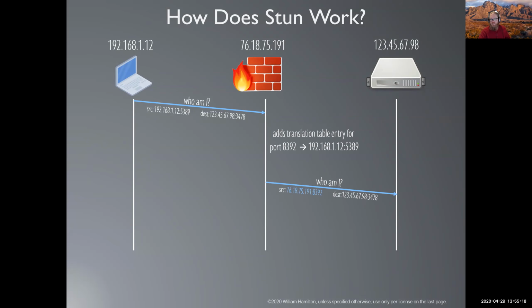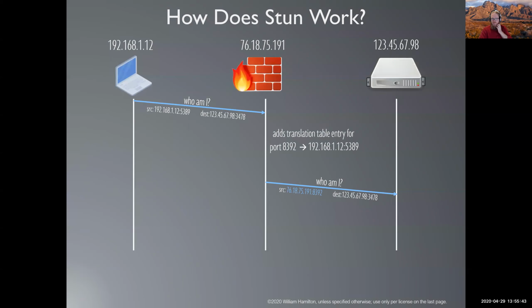When that happens, the NAT is going to add my private IP address, which is 192.168.1.12, to the translation table that it has. It's also going to pick another port to forward to my private IP address whenever it receives data coming in externally.